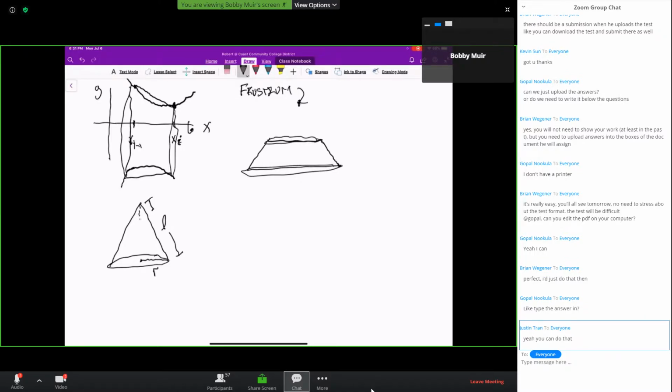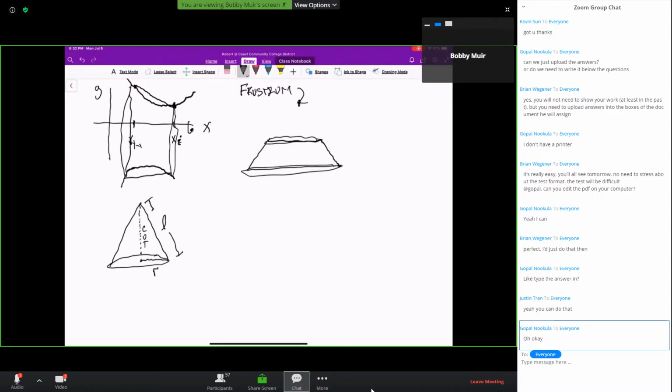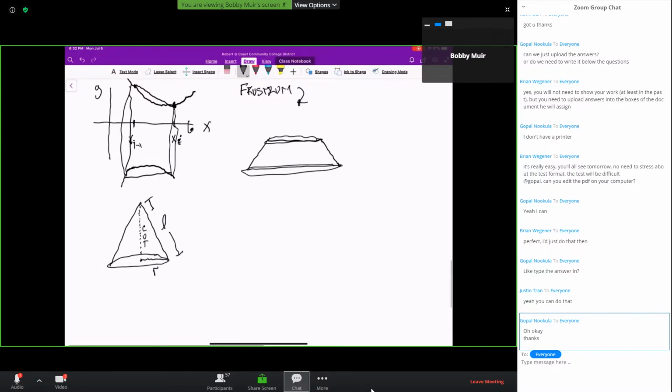Now what we're going to do is cut this thing like our snow cone cup, and flay it open. When we do that, we get something that looks like this, not drawn to scale.